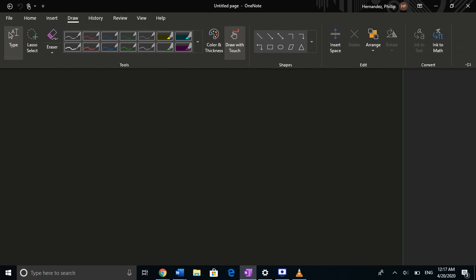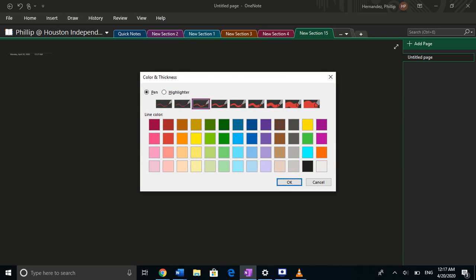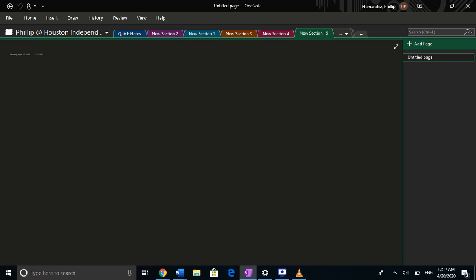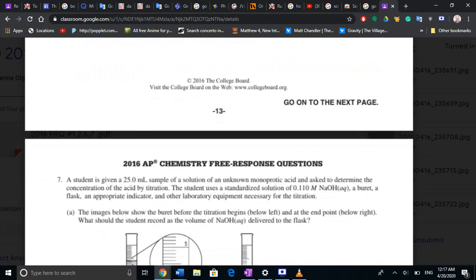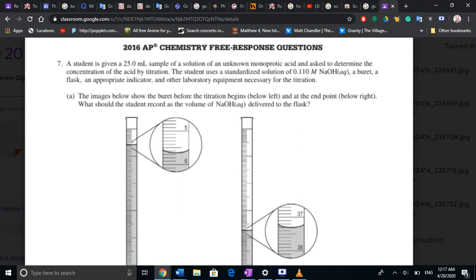For question 7a, a student is given a 25 mL sample solution with an unknown monoprotic acid and asked to determine the concentration of the acid by titration. Okay, so this is a titration problem.